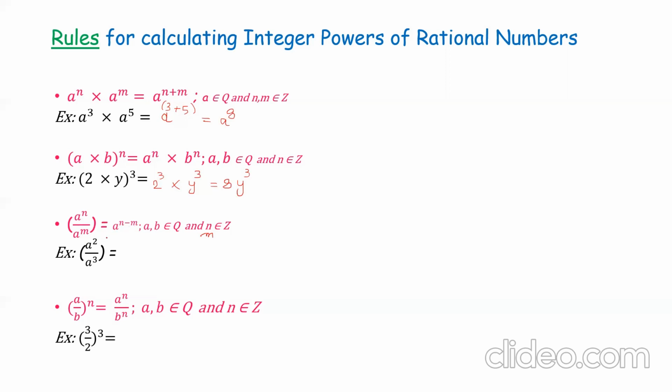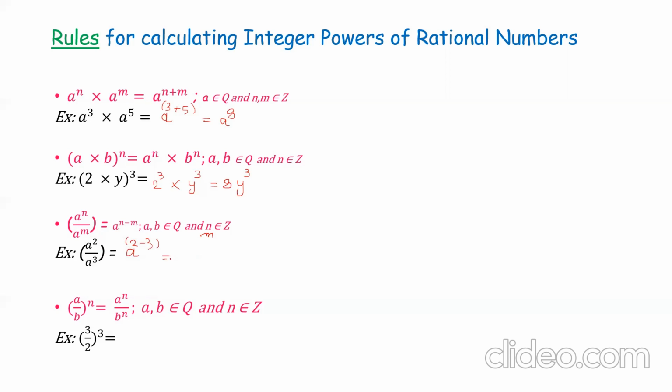So in order to apply this in practice, we take an example, a to the power of 2 over a to the power of 3. Here n is equal to 2 and m is equal to 3. So according to this rule, we take a and raise it to the power of n minus m, which is 2 minus 3 in our case.